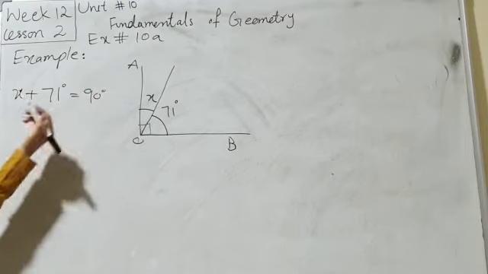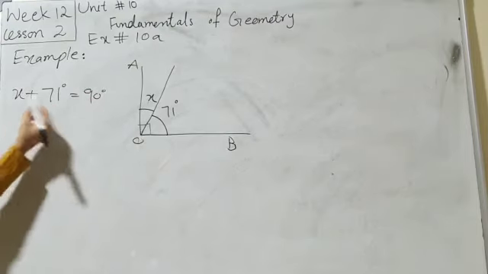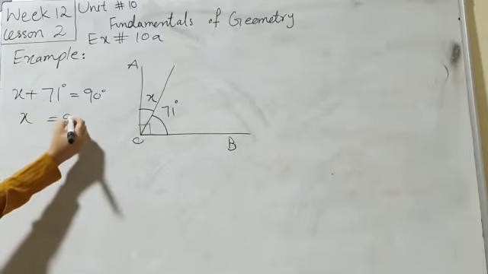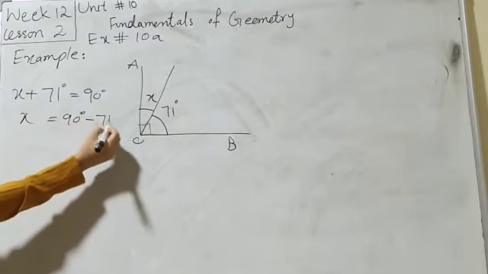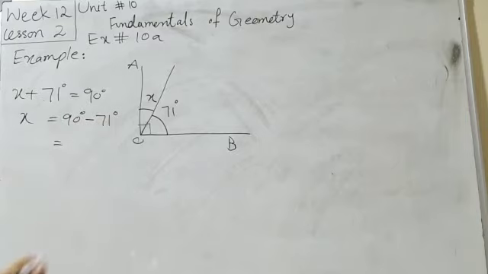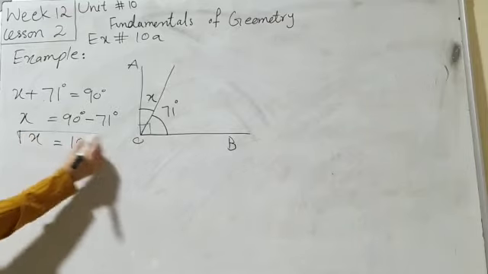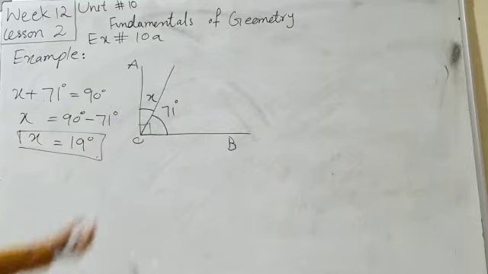Now to find the value of x, we have to subtract 71 from both sides. X plus 71 is equal to 90 and x equals to 90 minus 71. So when you subtract, you will get 19 degree. So this is the value of the unknown angle here.